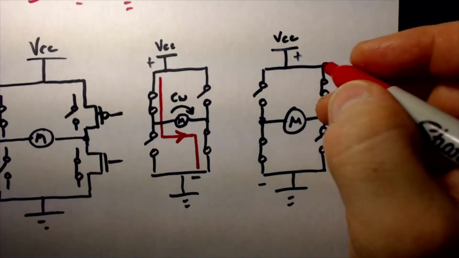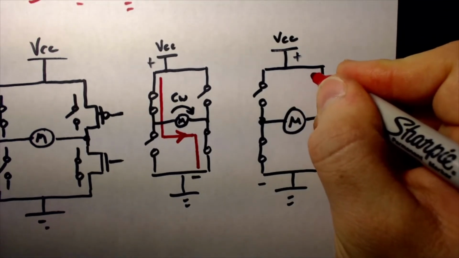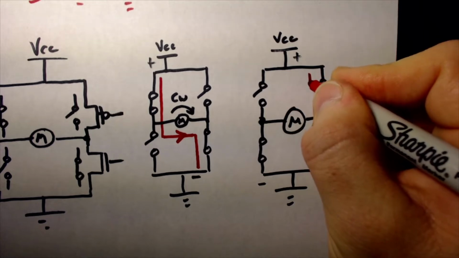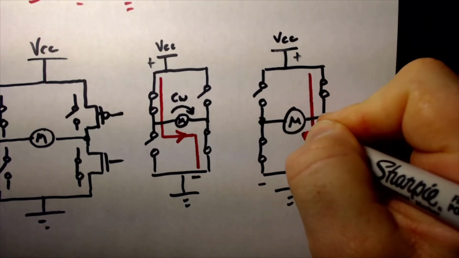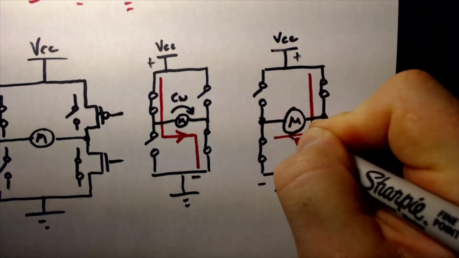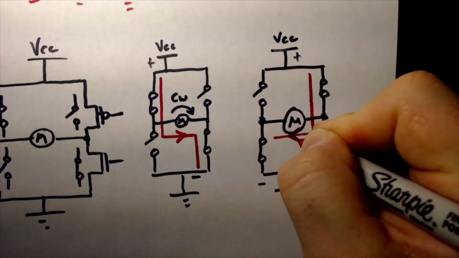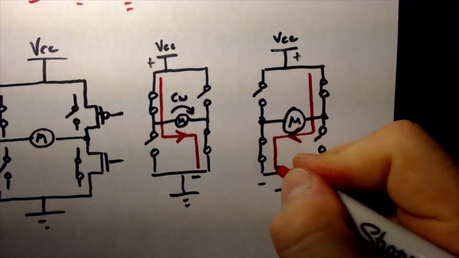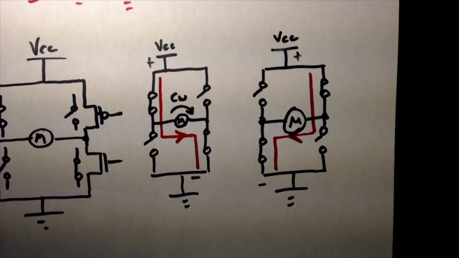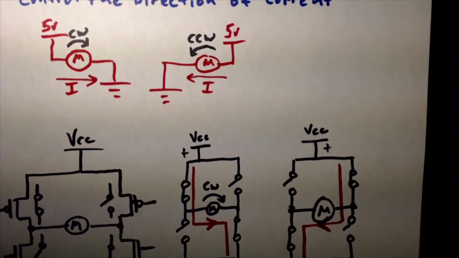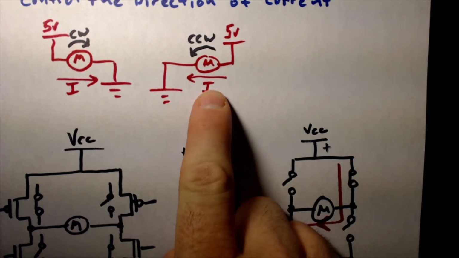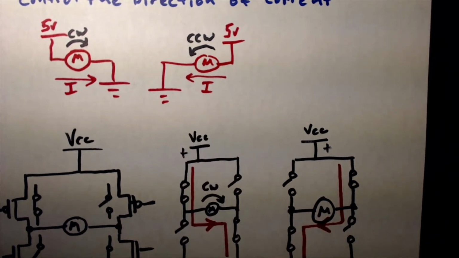Notice my current direction. Now it goes through this MOSFET, through my motor in this direction, and down to ground. Well, notice if I do that, now my motor is going to turn counterclockwise.